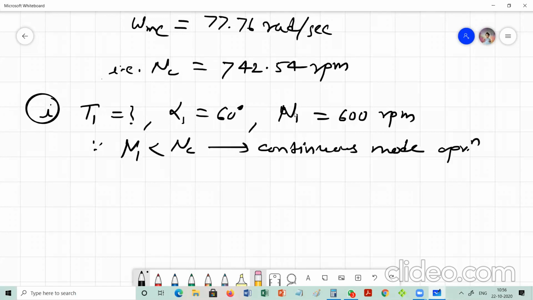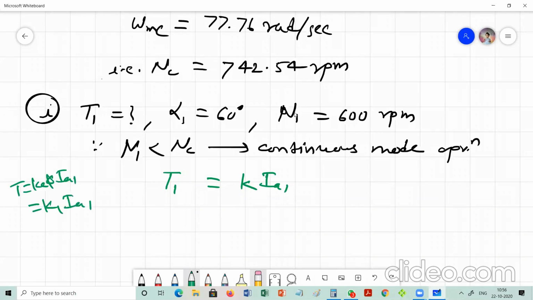They have asked to calculate torque. We know that the torque T1 is equal to K into IA1. Actually T1 is equal to K phi IA1, but as phi is constant, this equation becomes K into IA1.